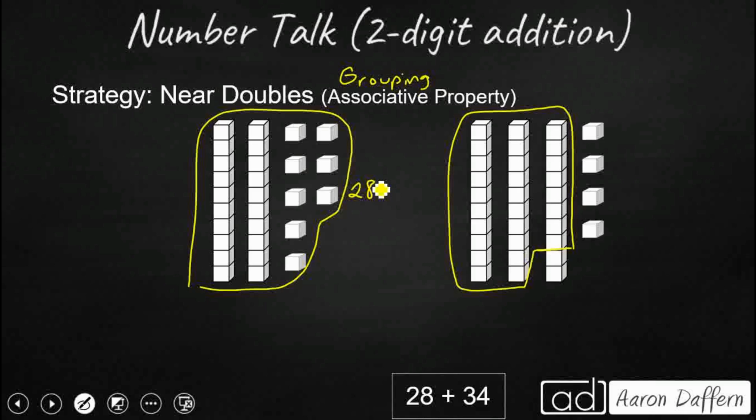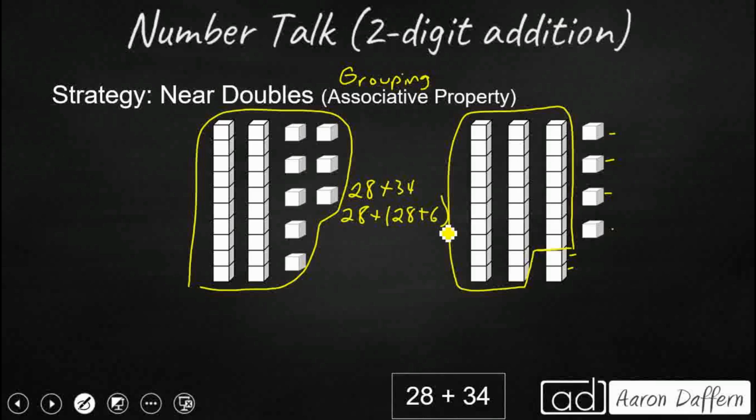So 28 plus 34, I really can break this 34 into a 28 and then I've got 6 right there. So I could take a look at that 28 plus 34 and think of it as 28 plus 28, because I want to look at it as a double. And then I've got these 6 that are left over.